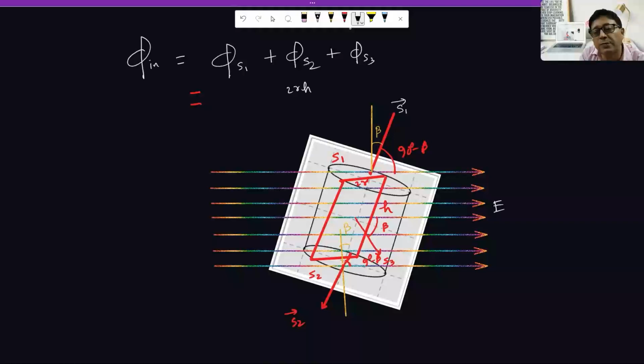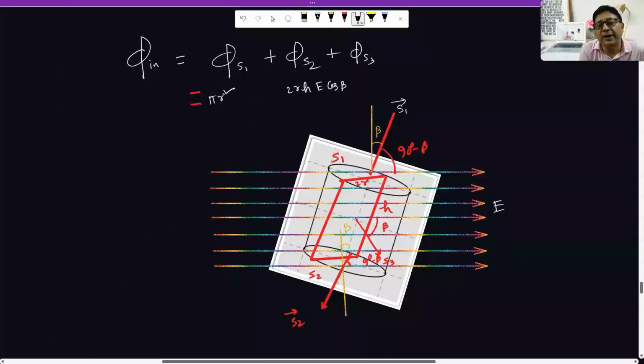So dot product of these two will give you 2rhE cos beta. Phi s1 is what? That is pi r square. The area of this circular region, pi r square.